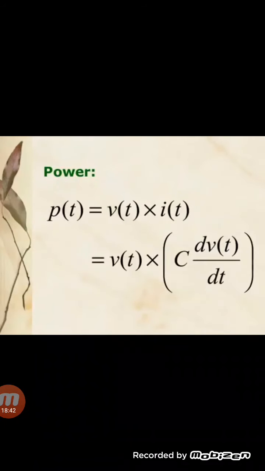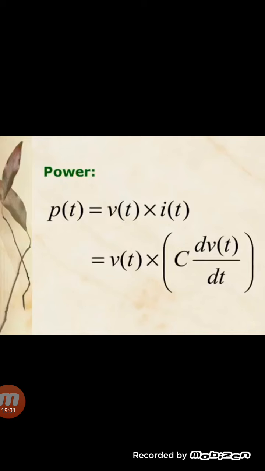Okay, we have the power of the capacitance, that is p of t is equal to v of t into i of t. P of t is equal to C dV over dt.